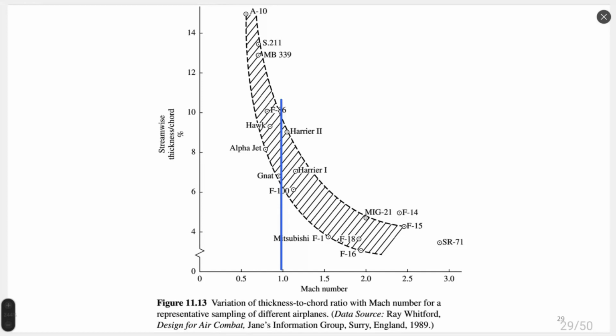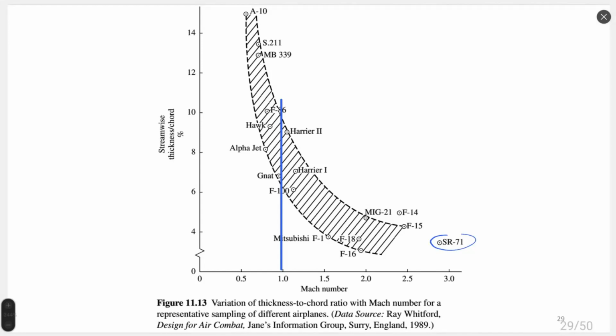And for supersonic velocity, we can see that there is also a range of thickness depending on flight Mach number, starting from Mach 1 to Mach 2.5. And also there are some points which are not inside this range, like the SR-71, which is very special, right?